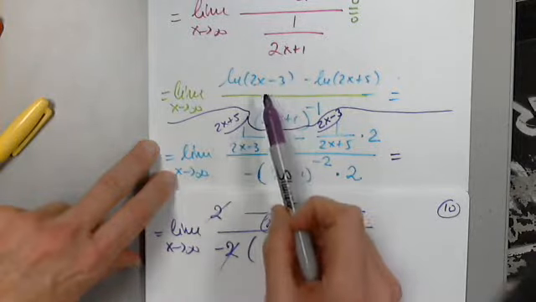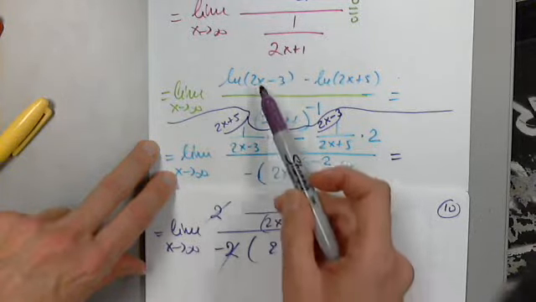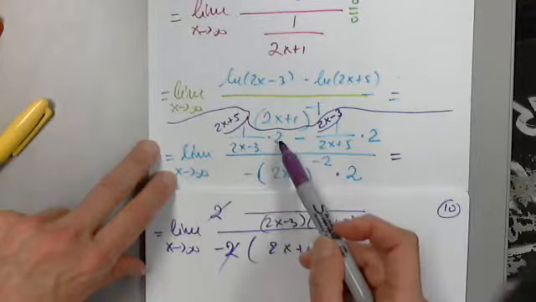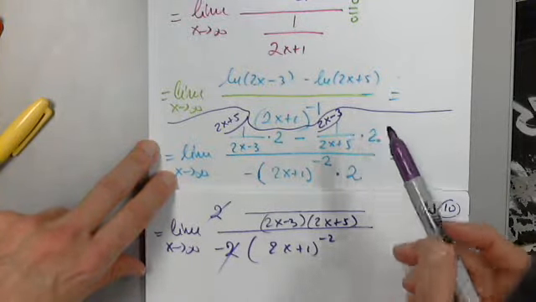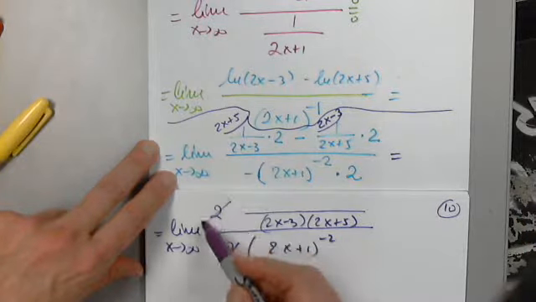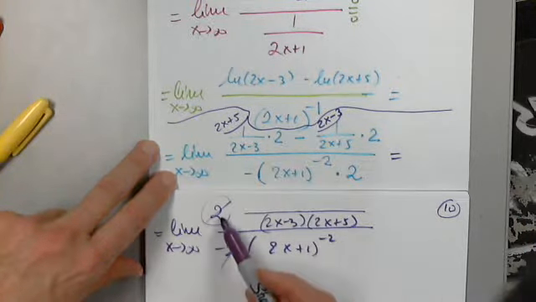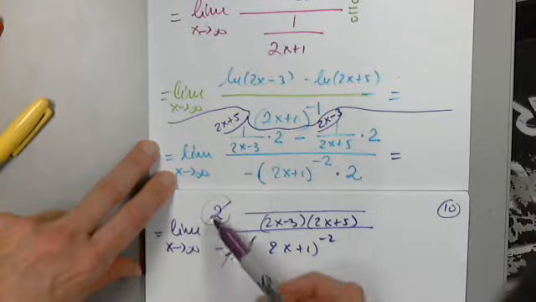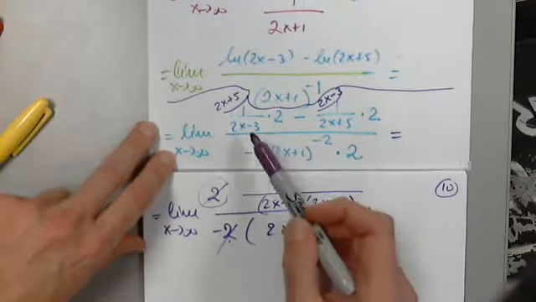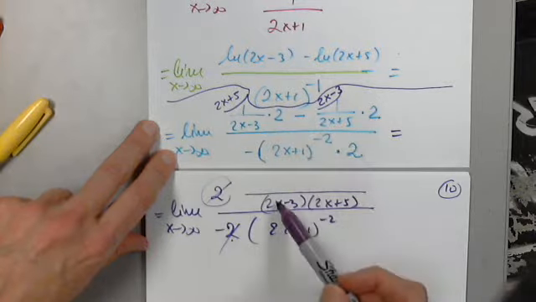So, is the derivative clear? 1 over 2x minus 3 times the inner function prime minus 1 over 2x plus 5 times the inner function prime. I pull the 2, it's right here. This and this factored out, and this 2 is in front, so I can simplify it. And then the least common denominator is the product of these two.